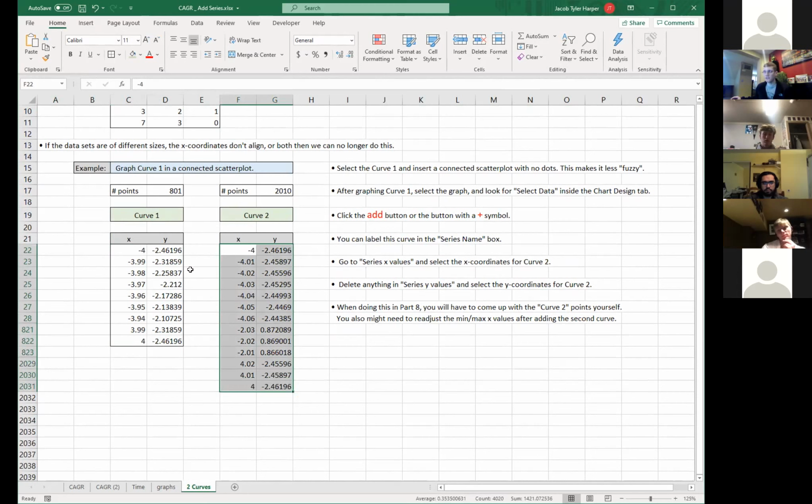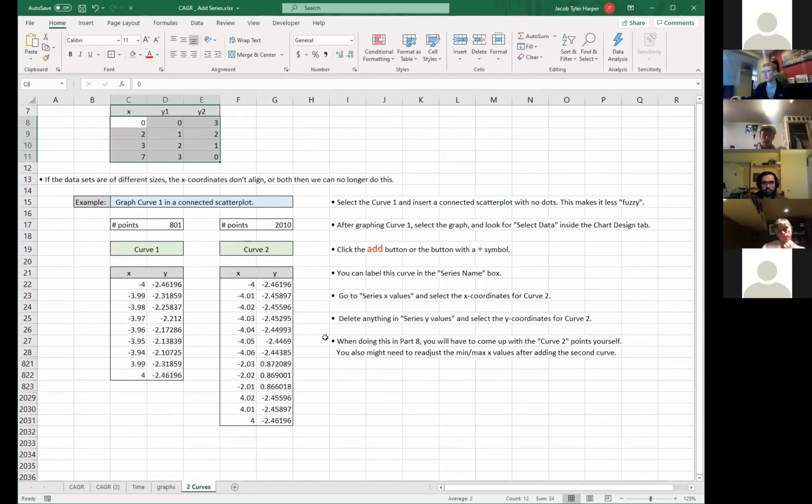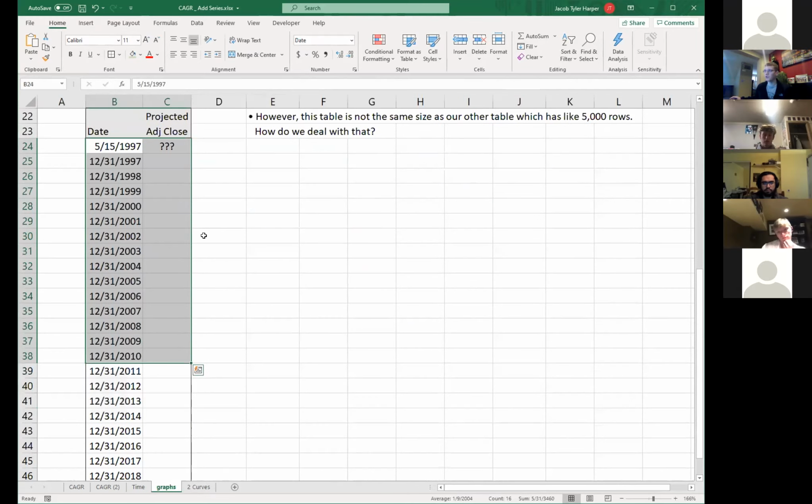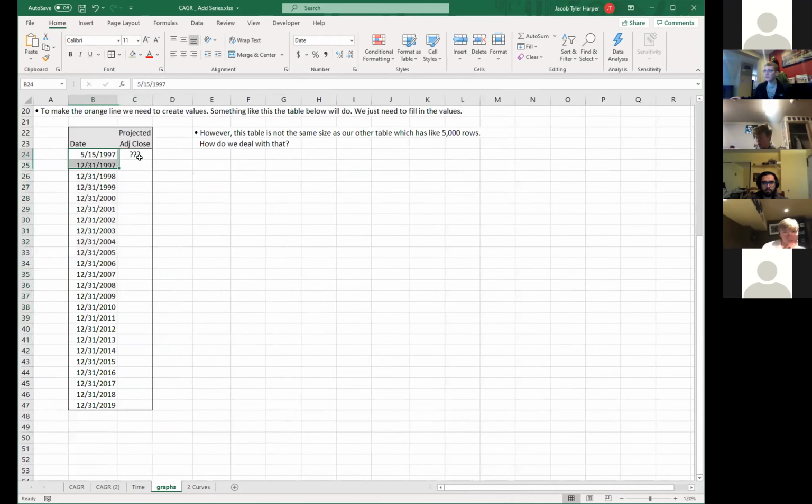They're not even the same size. Some of the x's don't even match up. So you can't just do a single selection. You kind of have to deal with these things separately because it's going to look like this. You're going to have your little table that you make that looks like this. And then that's going to have to get paired up with all 5,000 days in the data set. How do you do that?